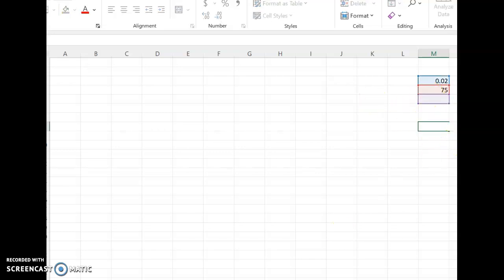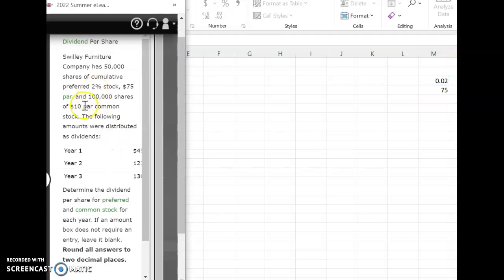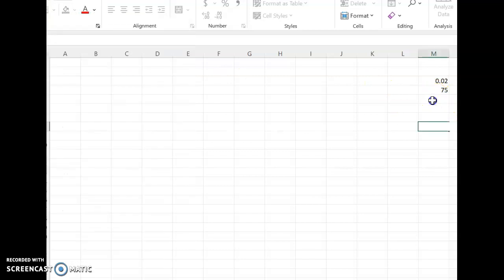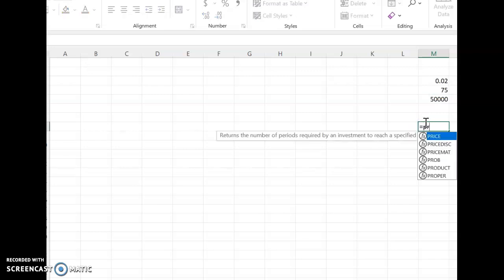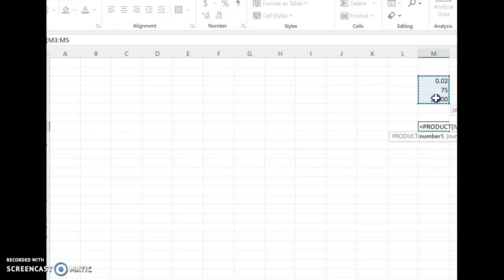Okay, and 50,000. Make sure you use the right number there. 50,000 shares of preferred. So if we multiply those, we will get 75,000 is what we owe the preferred stock.